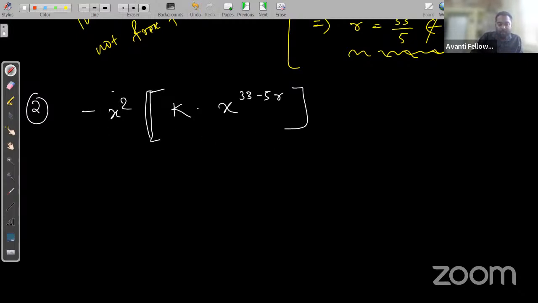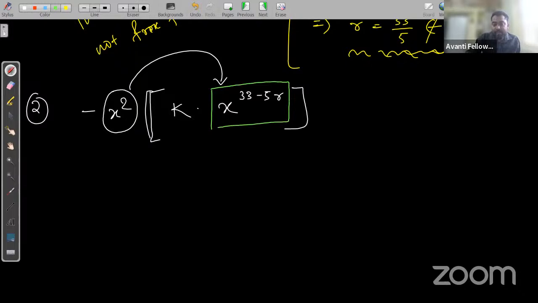So when we are multiplying x square with this total expression, this has to be independent of x, so x to the power 33 minus 5r must be what?